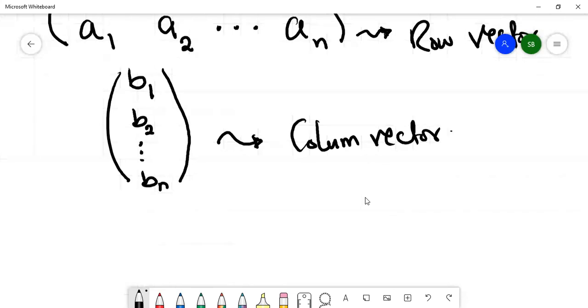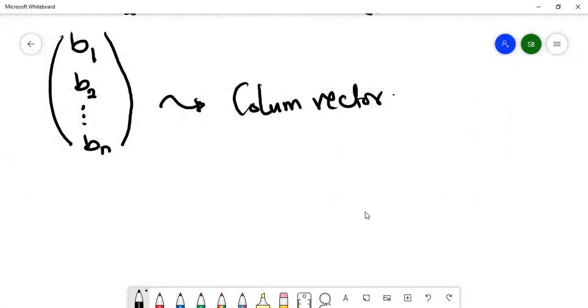Now, what is the bearing of this concept on determining the rank of a matrix? So we move on to the definition.